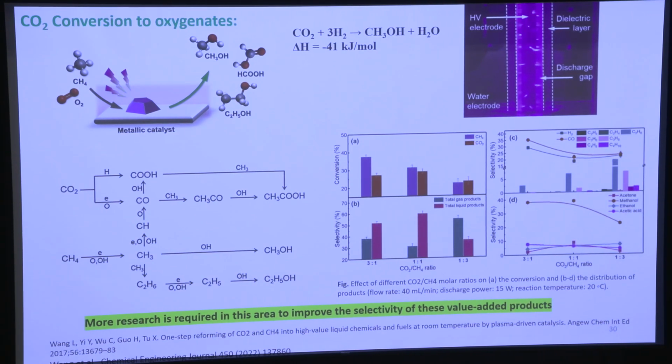And how to improve the conversion efficiency from today's 30-some percent to more than 60%? So this remains a very active research area, using thermal catalysis and also plasma catalysis.